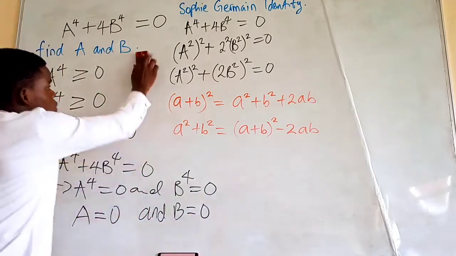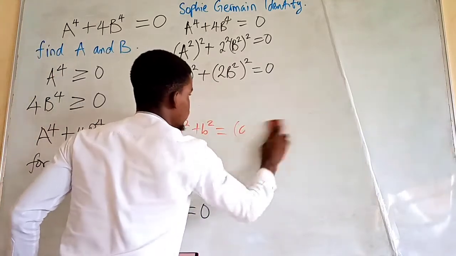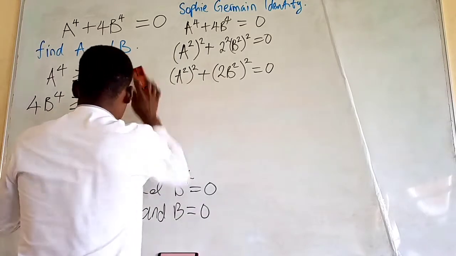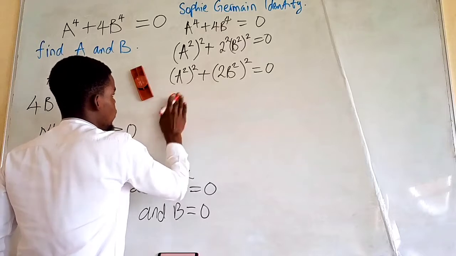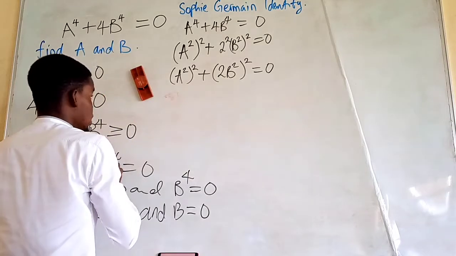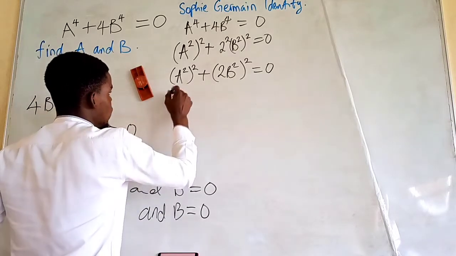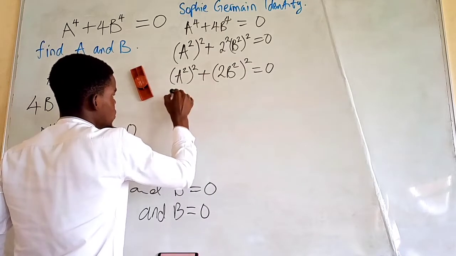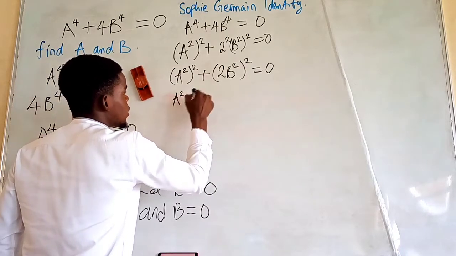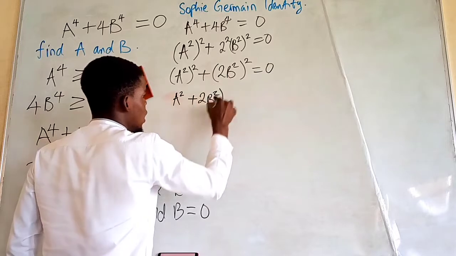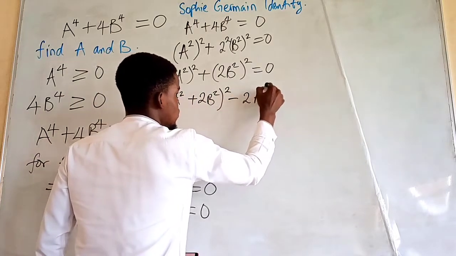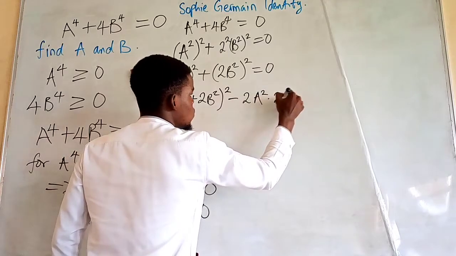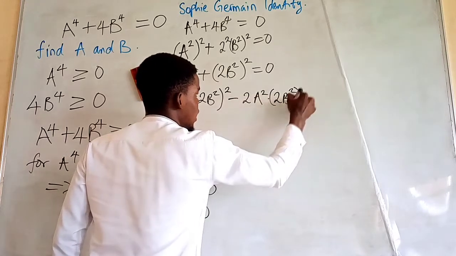Okay, so knowing that when we have the sum of two squares, we will write it, let me use the capital letters, so this is going to become a squared plus 2b squared, and I square that, minus 2a squared times 2b squared, like this, alright?